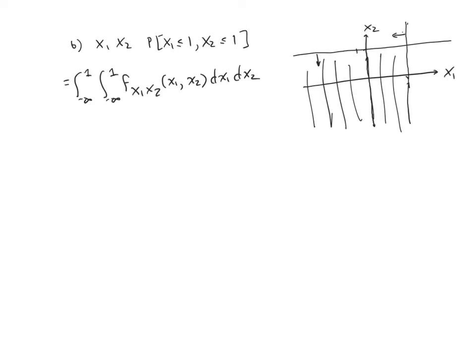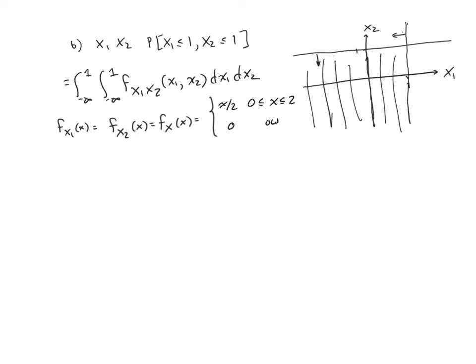In our specific problem, though, we know that x1 has PDF, which is identical to the PDF of x2, which is equal to x over 2, 0 less than or equal to x less than or equal to 2, and 0 otherwise.